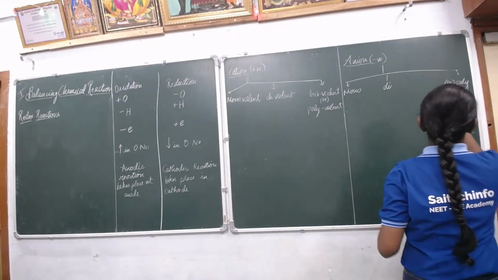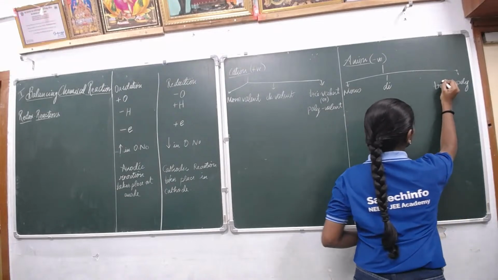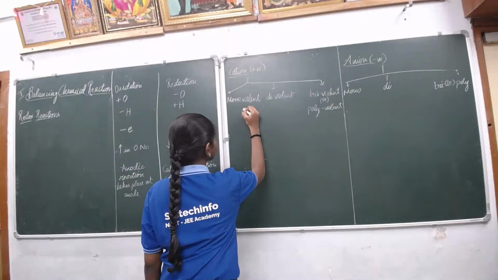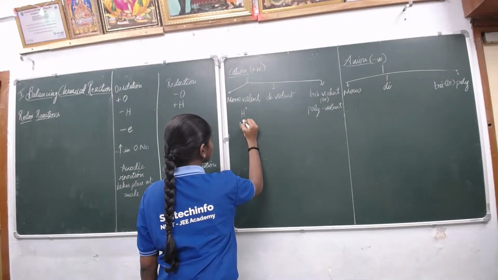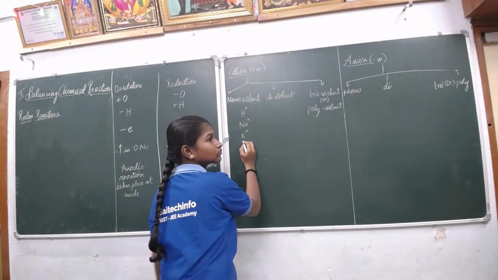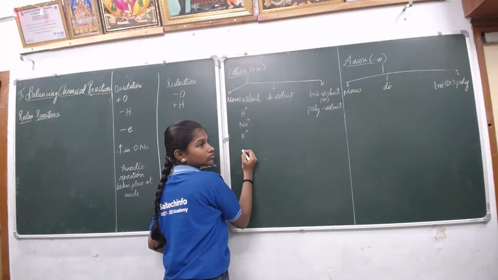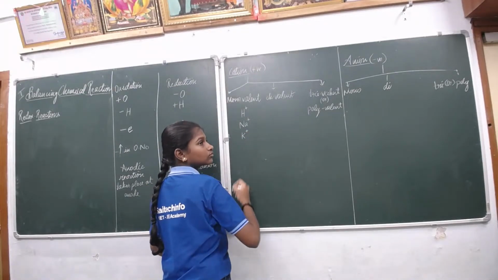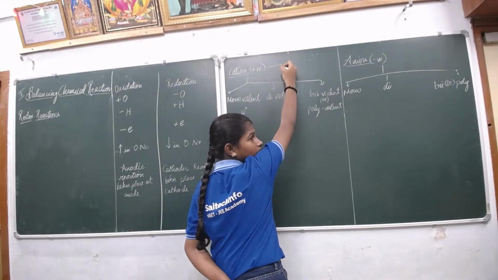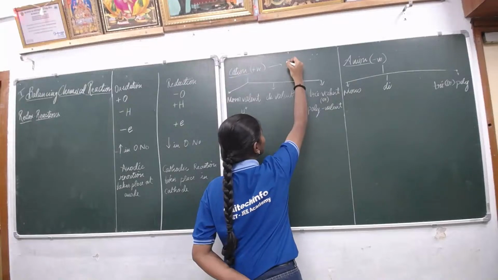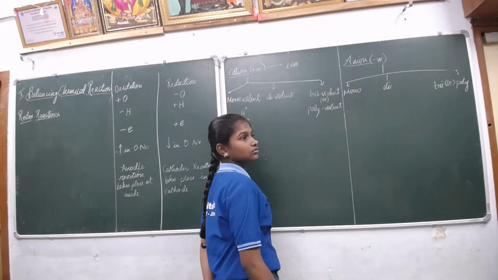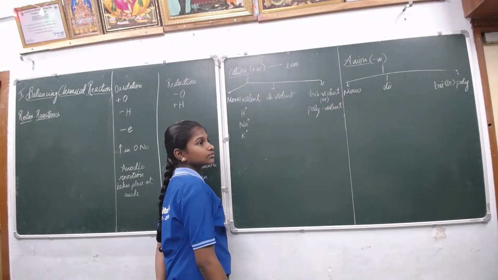So under monovalent you can put H plus, Na plus, K plus. So these are hydrogen plus, proton, sodium ion. All these names generally for cations will have IUM or OUS or IC. They have the common suffixes.